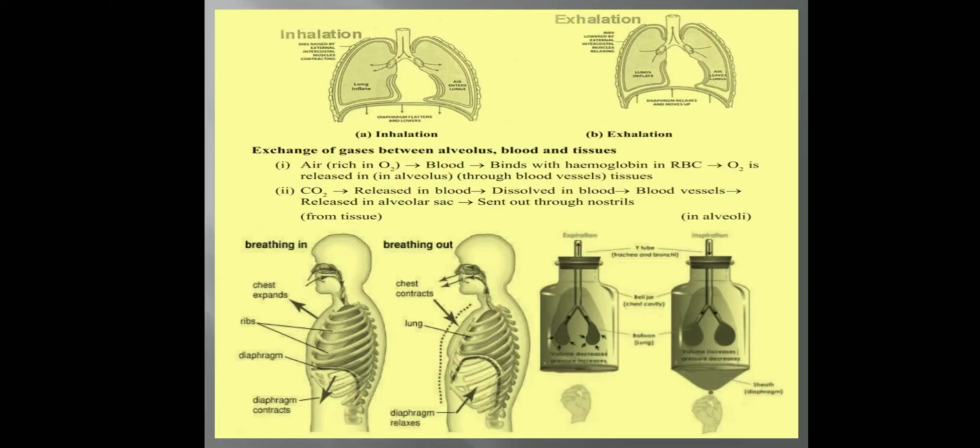From the blood vessels it is released in the alveolar sac, and later on it is sent out through the nostrils. So these two flowcharts give you a clear picture of the route of exchange of gases between alveolus, blood and tissues. This slide is quite important for you to understand the mechanism of breathing in our body, my dear students.